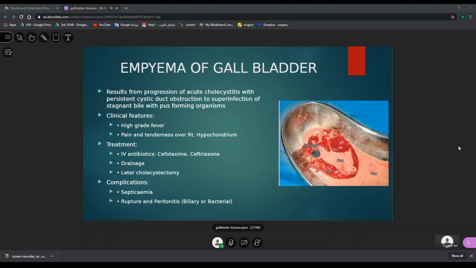Stone and pus. Clinical features: high grade fever, pain and tenderness over the right hypochondrium. Treatment: IV antibiotics like cefotaxime, ceftriaxone, drainage, and later we do laparoscopic cholecystectomy. Complications: they might have septicemia, and they might have rupture and peritonitis.